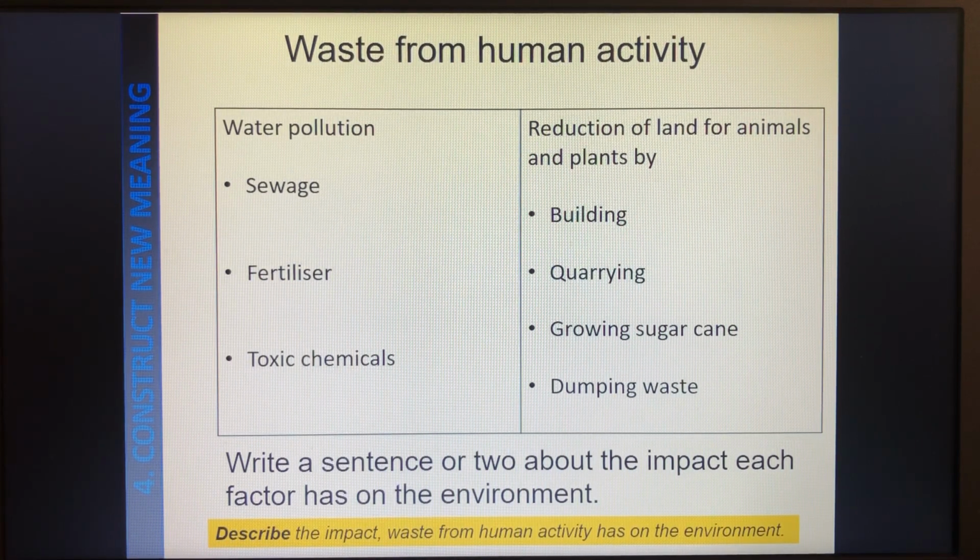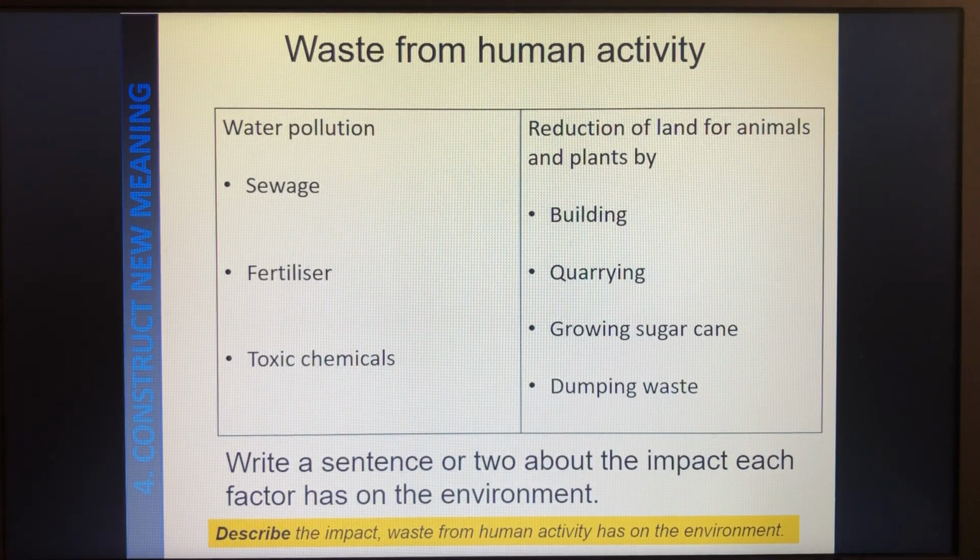Okay, the right hand side is slightly easier to talk and write about. So, reduction of land for animals and plants by building. If more buildings are being built, and there's greenfield sites and brownfield sites, and it's the brownfield sites that we're trying to fill up.